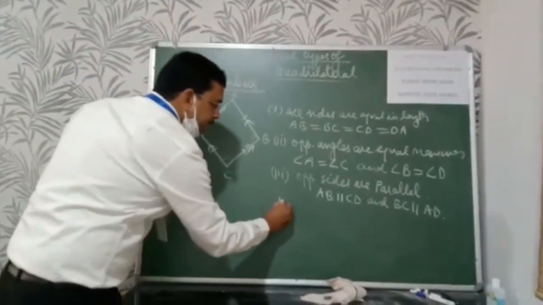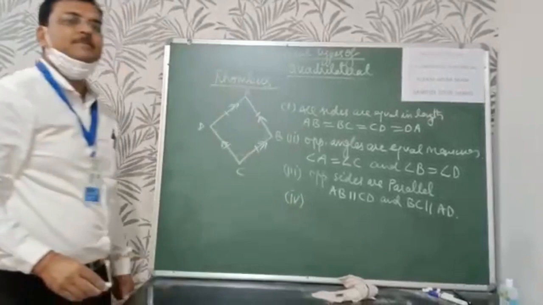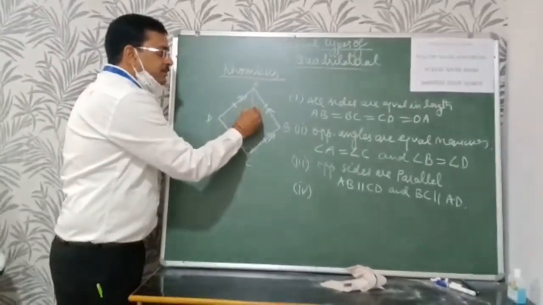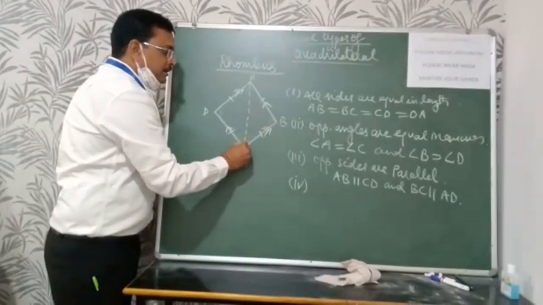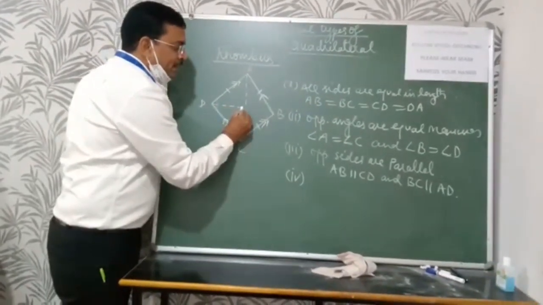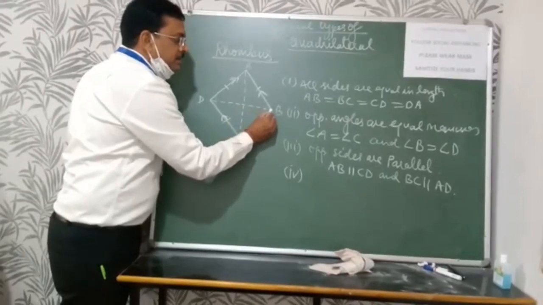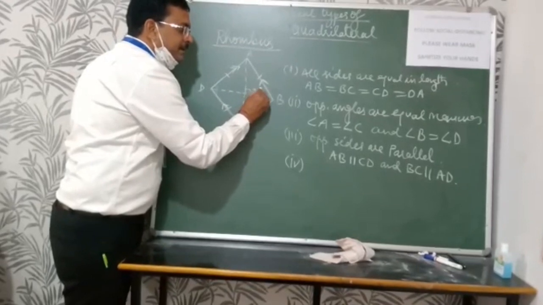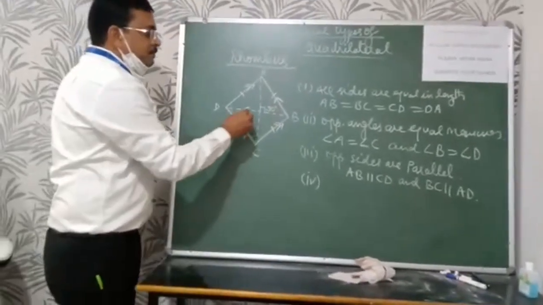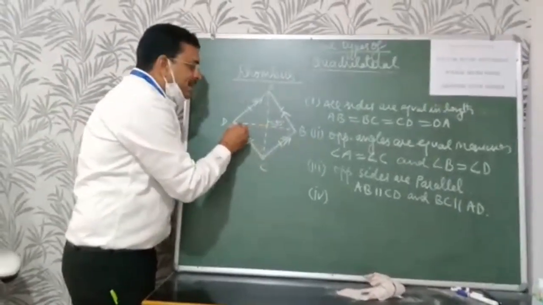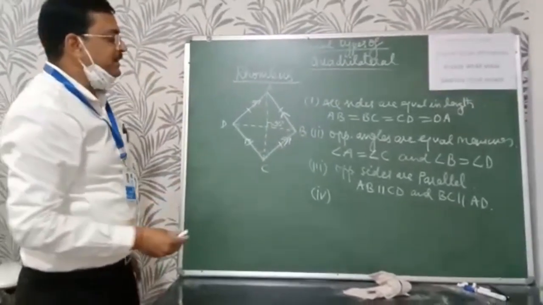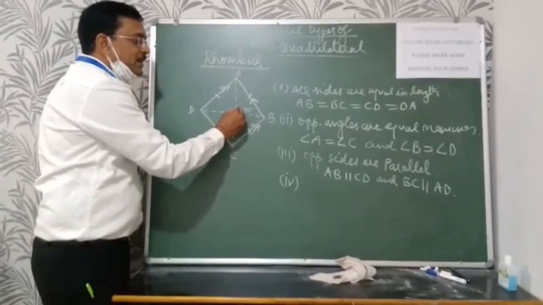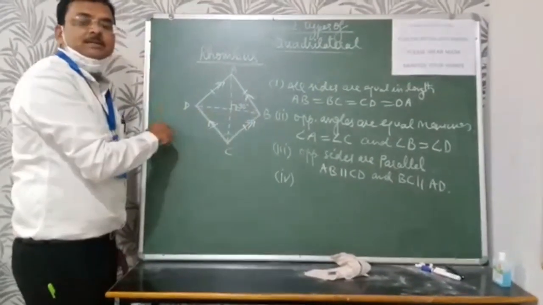Fourth property is very important. If we draw the two diagonals, these two diagonals always bisect at 90 degrees and bisect at equal length. It means when two diagonals are drawn, they are always perpendicular to each other.